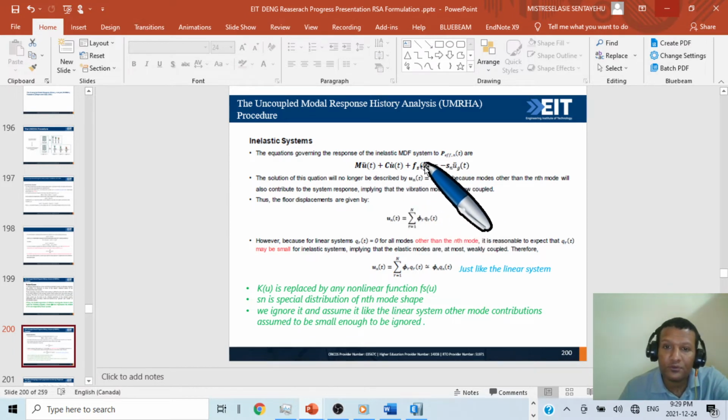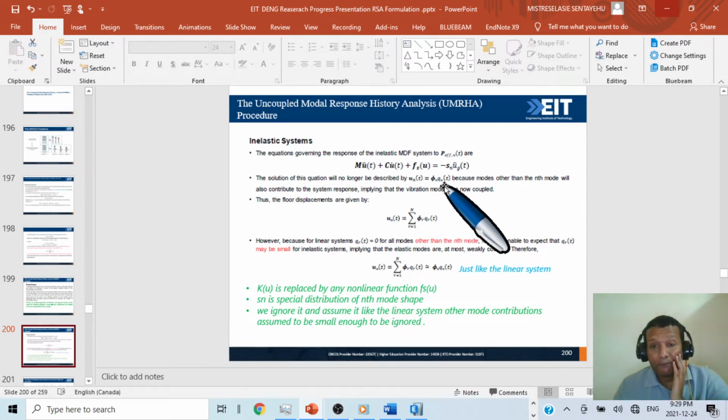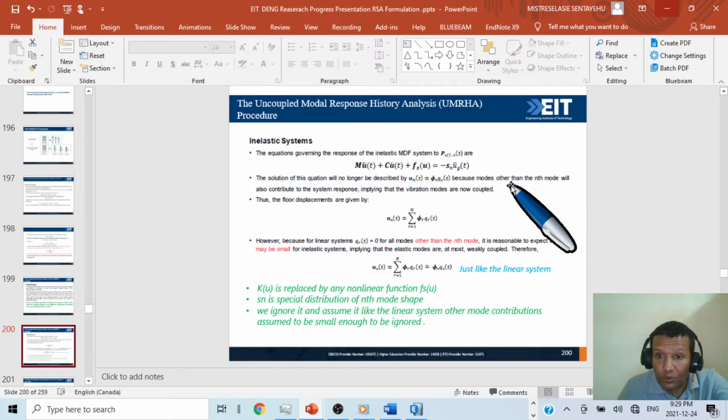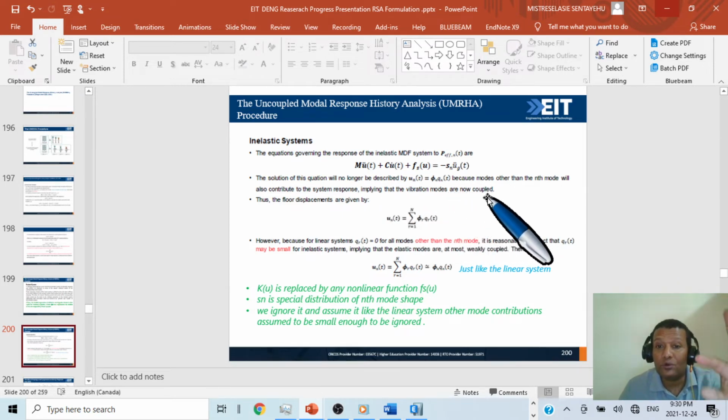From q coordinate we take it to u coordinate by multiplying with mode shapes. But in an inelastic system there is contribution. This is no more uncoupled. That is the idea. Because modes other than the nth mode will also contribute to the system response, the vibration modes are now coupled, not decoupled.